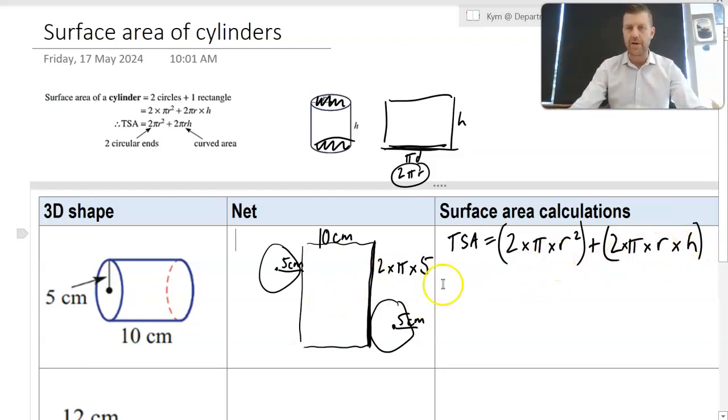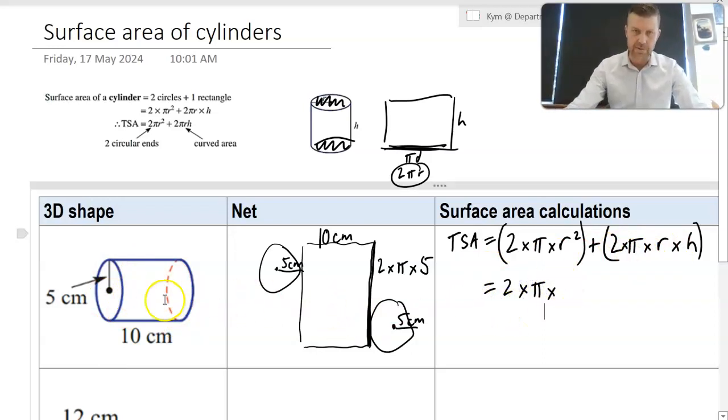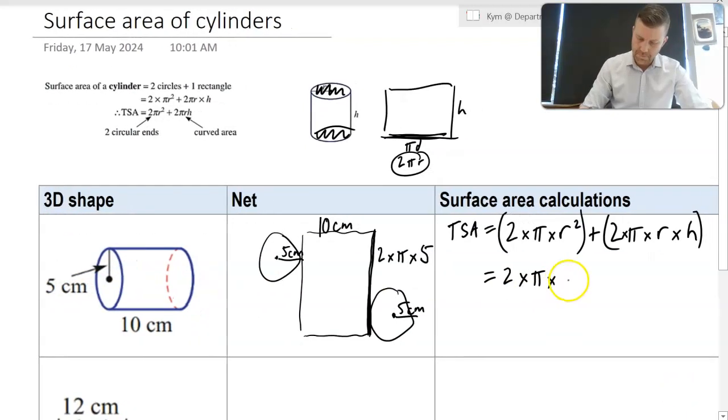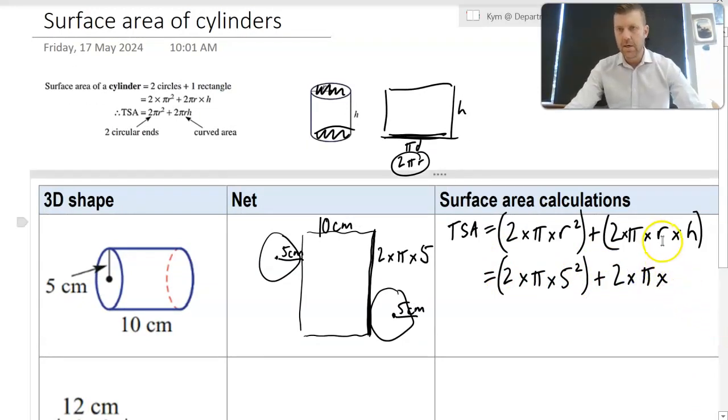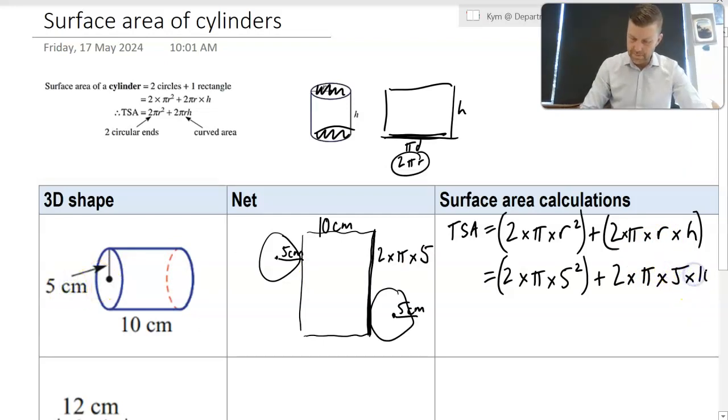Now I'm just going to substitute the values from the net into this formula. So it becomes 2 times pi times the radius, which is 5 squared, keep that in brackets, plus 2 times pi times radius again, which is 5 times 10.